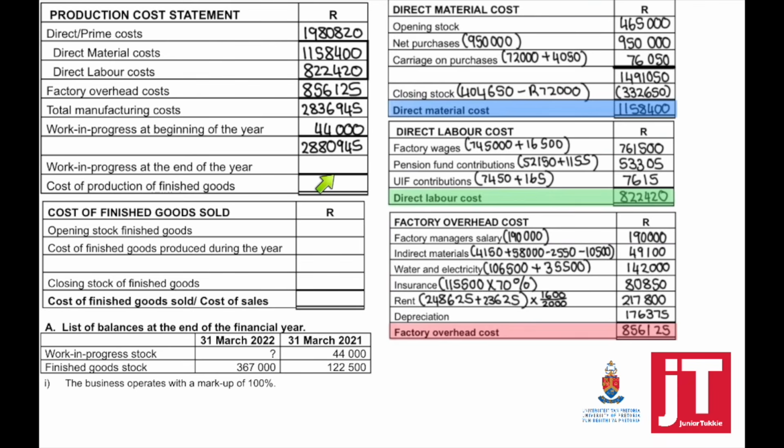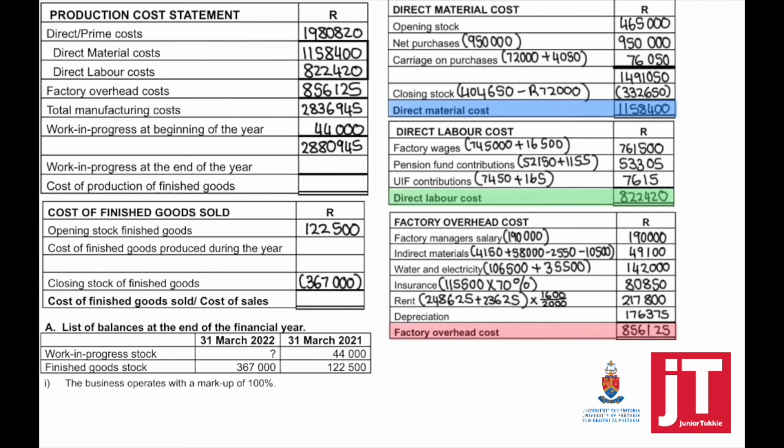So I've got two unknowns, which means I cannot solve it. We first now need to look at cost of finished goods sold. Opening stock is given to me. Closing stock is given to me, so I must put it in brackets.